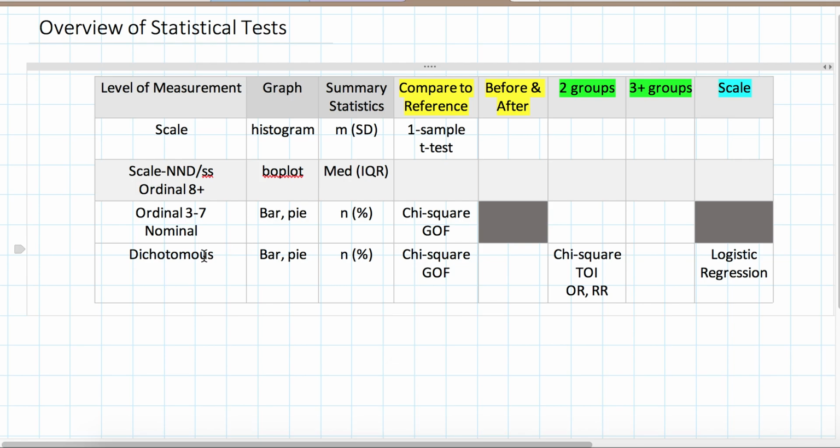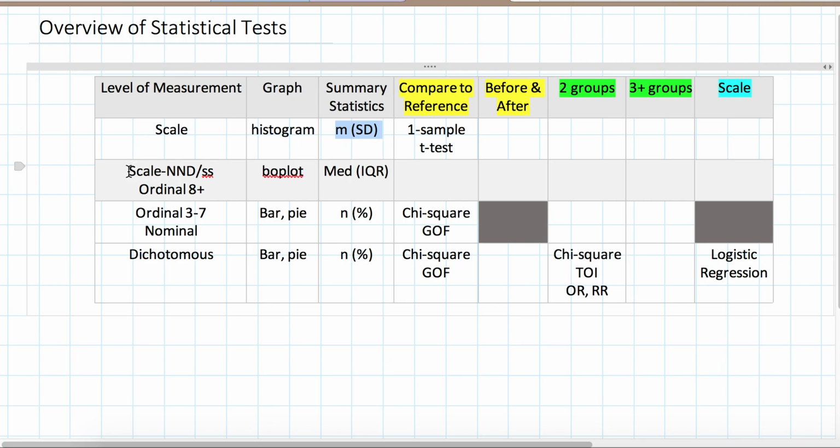The best graphs and summary statistics for all of these categories down here: dichotomous, nominal, and ordinal. A bar graph is a typical one. Pie can also be used, and we report the frequency or the number and the percentage for each category within those categorical variables. Up here for scale, the typical graph is a histogram, and we report mean and standard deviation.